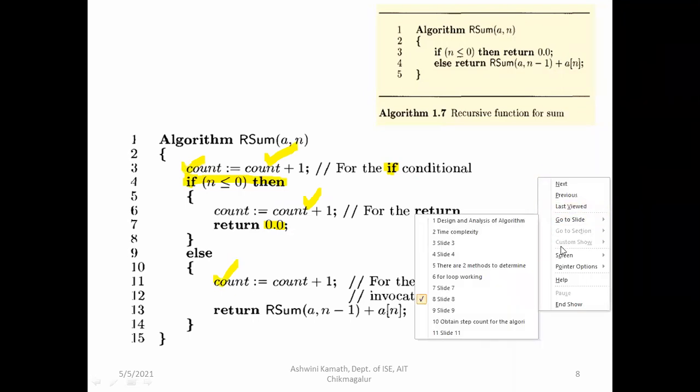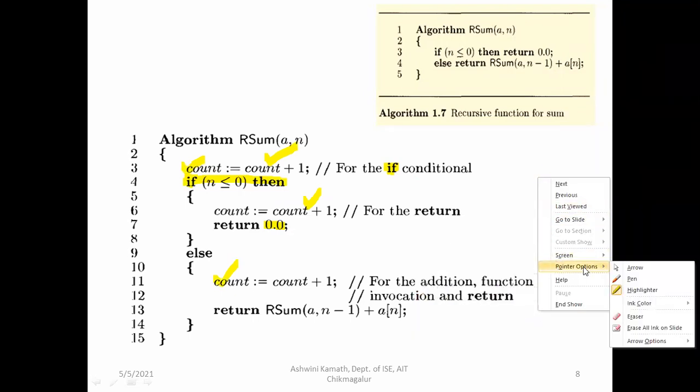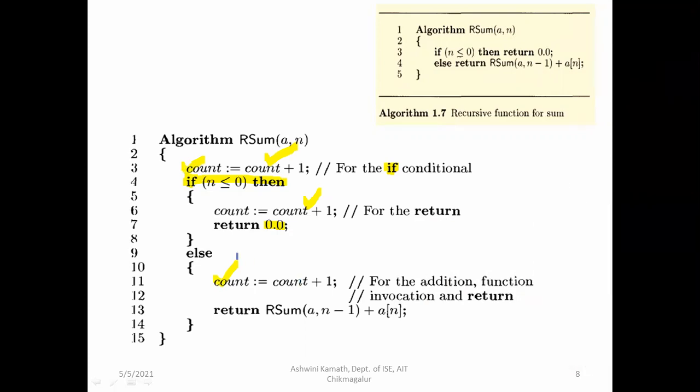Okay, I hope you're getting it. If the condition is false, that is if the if statement condition is false, it will execute the statement and it will execute the statement. Whether the condition is true or false, initially it will increment the count by 2.